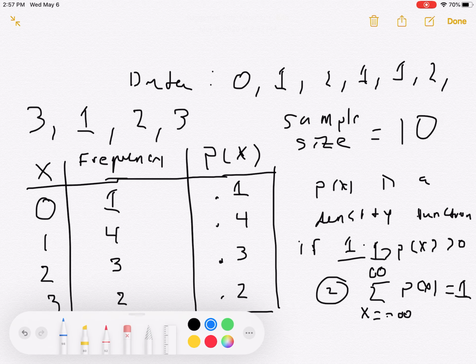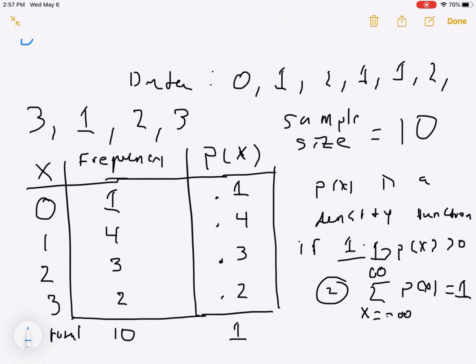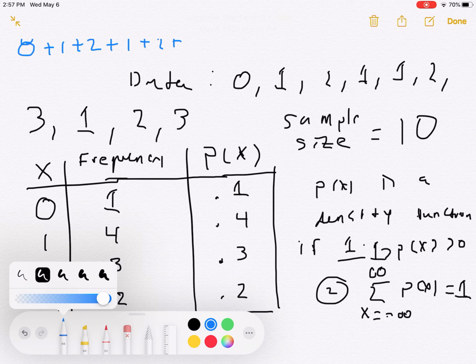Now, if I want to compute an average, I think I just take this data. I take 0 plus 1 plus 2 plus 1 plus 1 plus 2 plus, sorry, I made a mistake in writing that down. 1 plus 2 plus 1, and that should have been another 1 here.